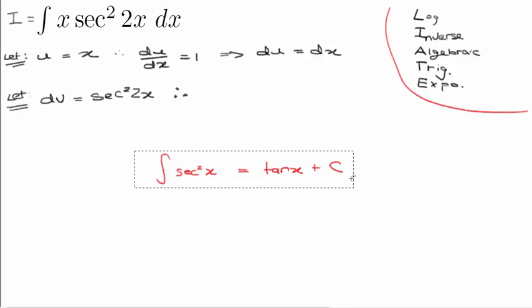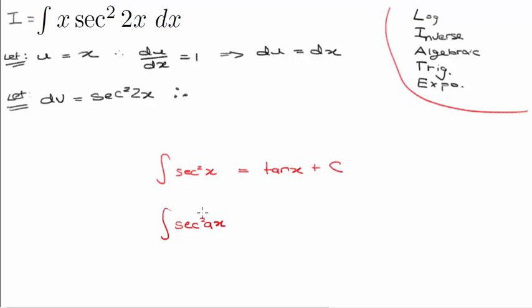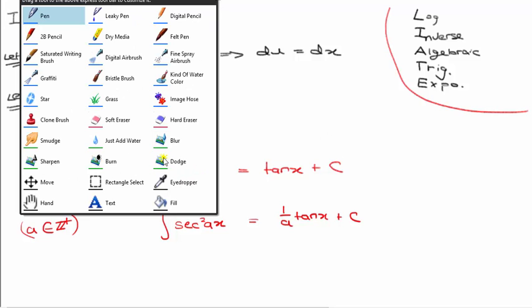It's pretty much the same problem if we have sec squared of a x, where a is some positive integer. When we integrate that, we get 1 on a tan of x plus c. That's an identity that you should all know.